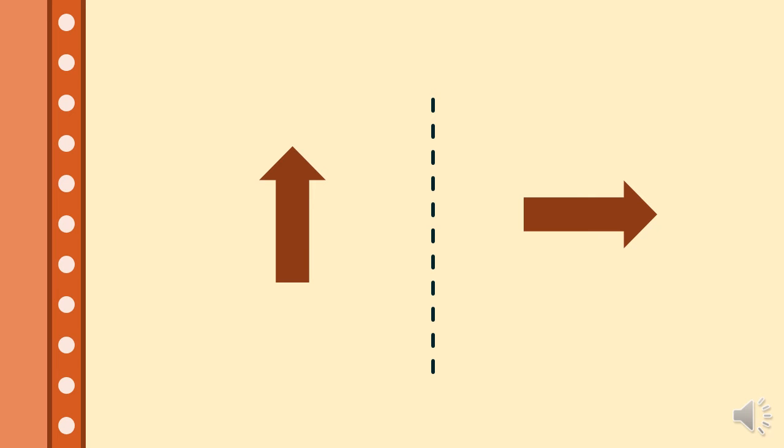Did we slide it? Did we flip it? Or did we turn it? You need to write either slide or flip or turn on the line below the arrows. What did you write? If you wrote turn, you are correct.